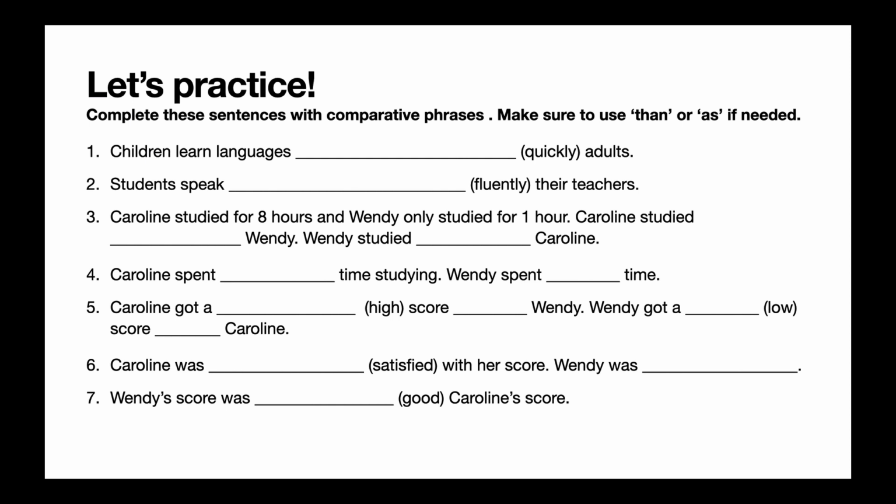And we have to make sure that we use than or as if we need. So there is a mix here of adverbs, verbs, nouns, and adjectives. So take a minute, pause this video, and see if you can complete these sentences correctly using the comparative phrases. And then when you're finished, unpause the video and we'll go over the answers.